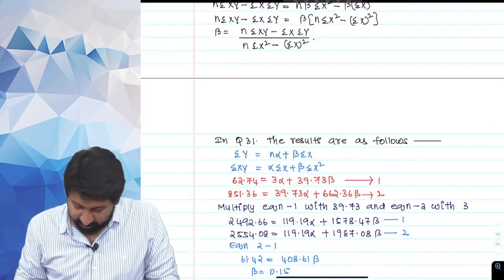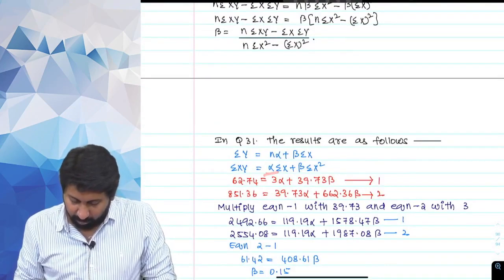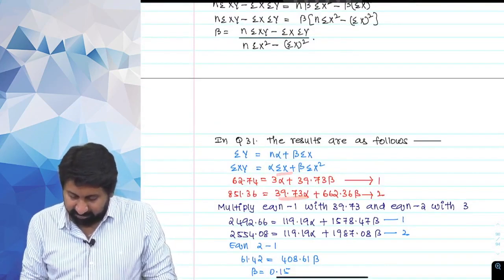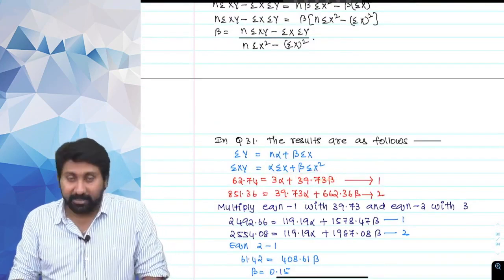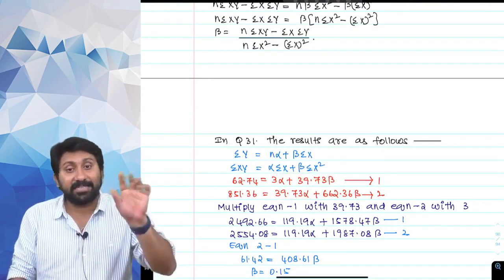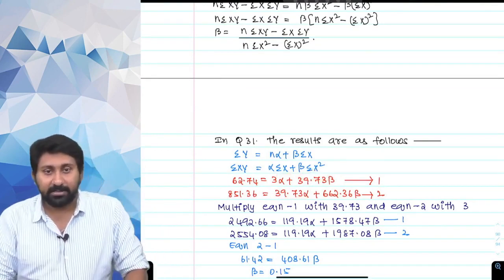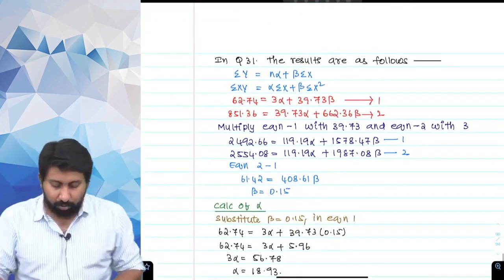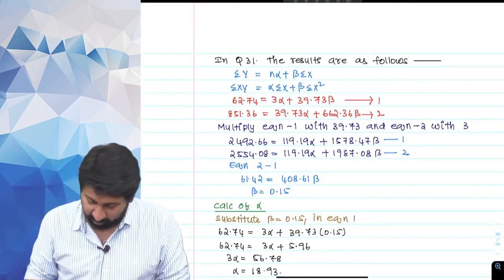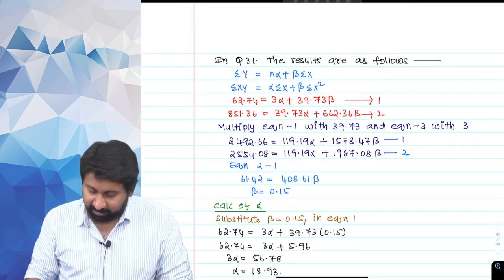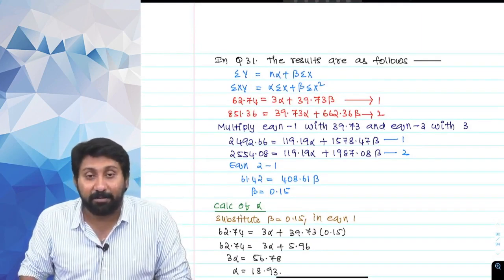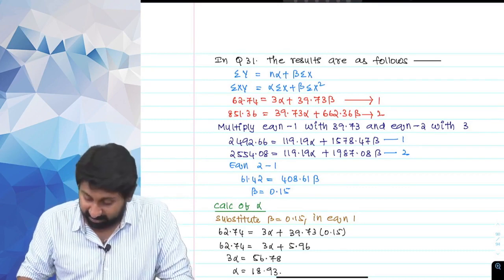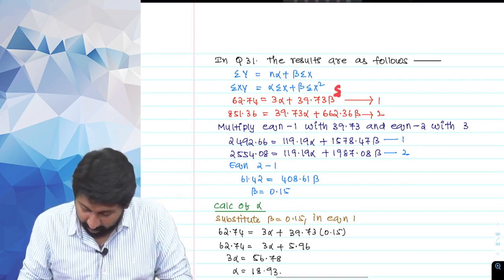Next, alpha we don't know. Sigma x is 39.73, already done here. Next, sigma x square is 662.36 beta. So this is equation 2. So 2 minus 1. Multiply equation 1 with 39.73. Why do you have to multiply with 39.73? Because 39.73 is the sigma x.